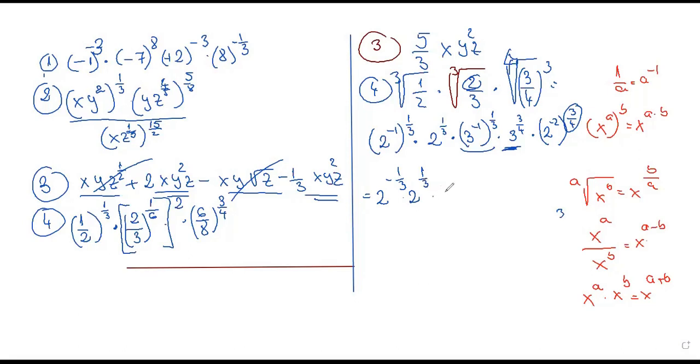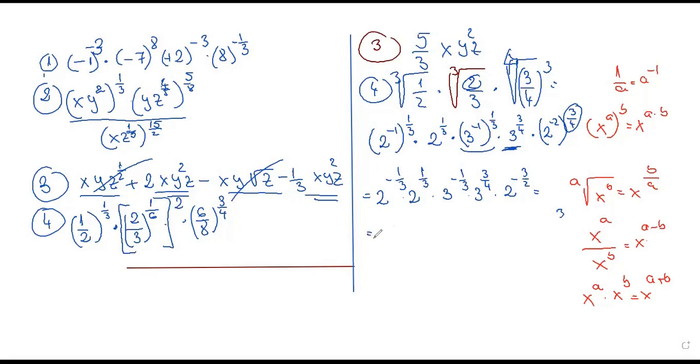And then times 3 to the minus 1 over 3, times 3 to the 3 over 4, times 2 to the minus 3 over 2. Equal. Now we collect: if we have the same base, we collect the powers.